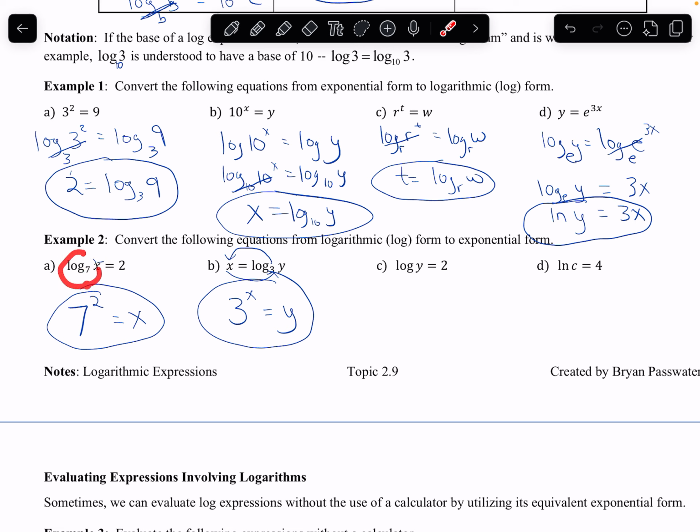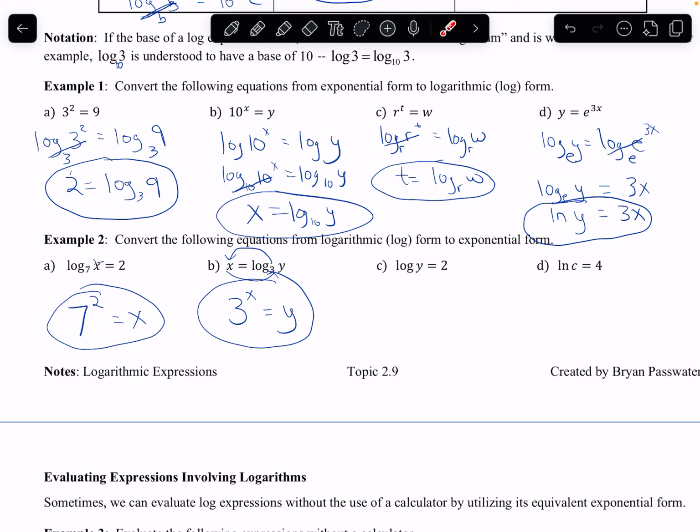Well, what it's equal to is that power. It's saying, hey, here's the power. This is the power you raise this to get that. So it's very important that you actually understand what a logarithm is saying.